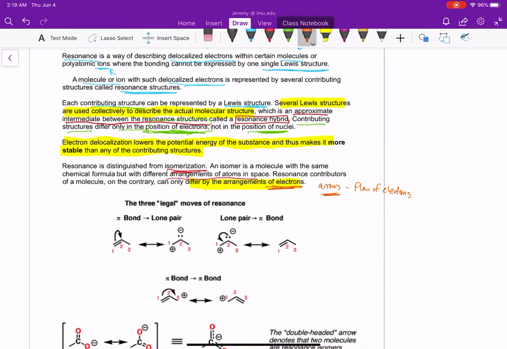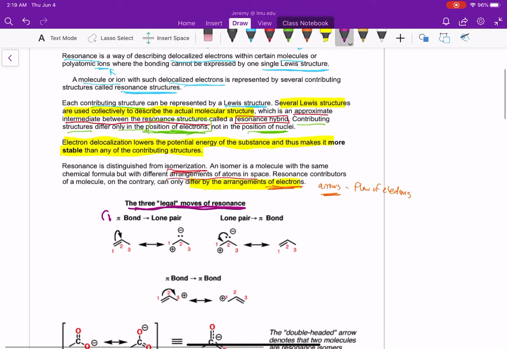We're essentially using the same arrows we talk about with mechanisms, but in this case, we're not doing a mechanism, we're just drawing different resonance structures. So there are three legal moves of resonance, three ways we can move electrons.